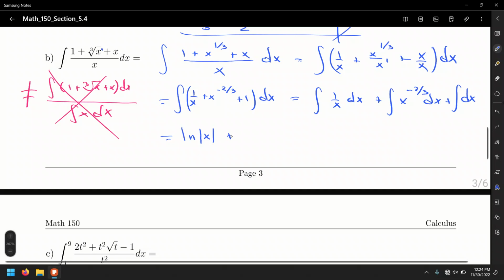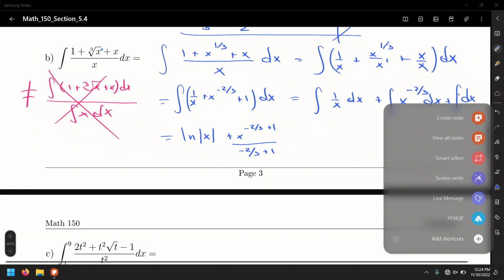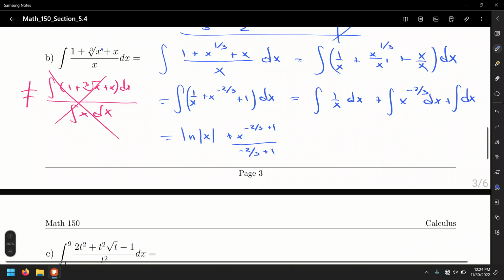And then in this case, plus x to the negative 2/3 plus 1 over negative 2/3 plus 1. And that equals to, oh wait, no. We're not done yet. So the integral of dx, again, essentially these two operators cancel each other. That's a plus x and then plus c.